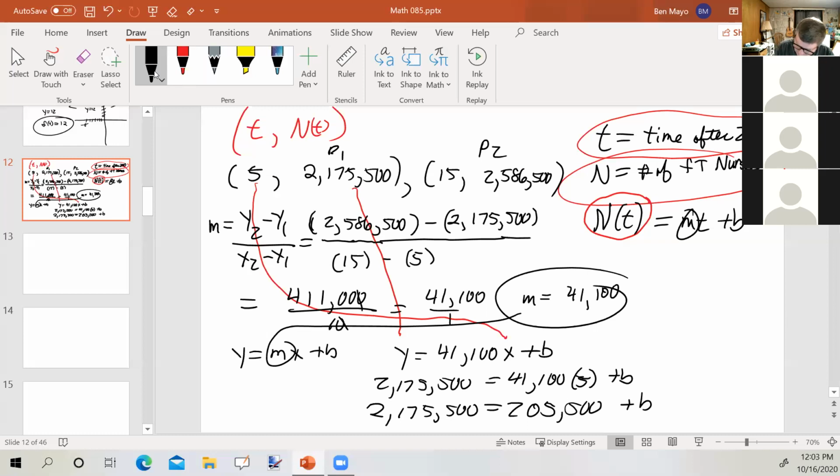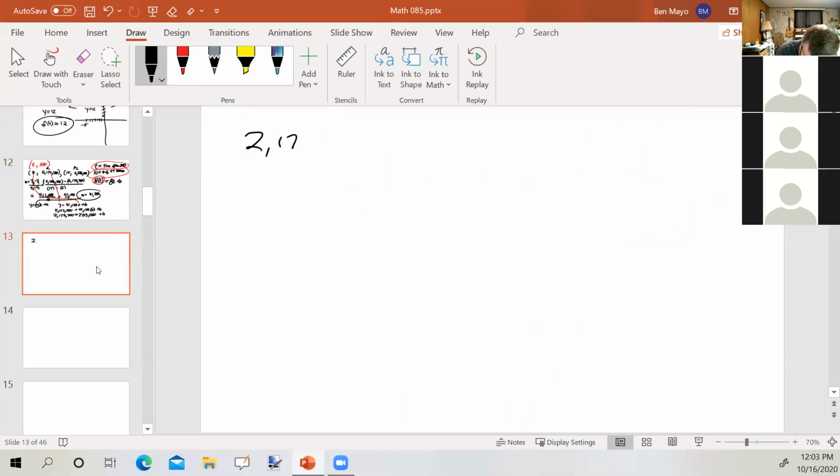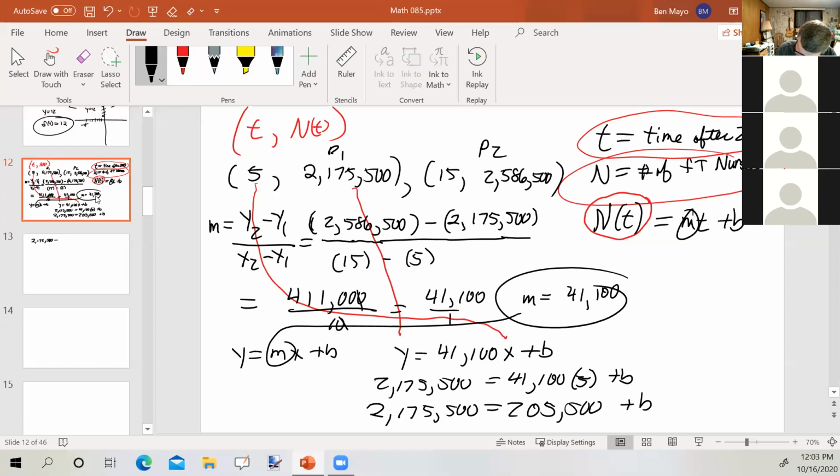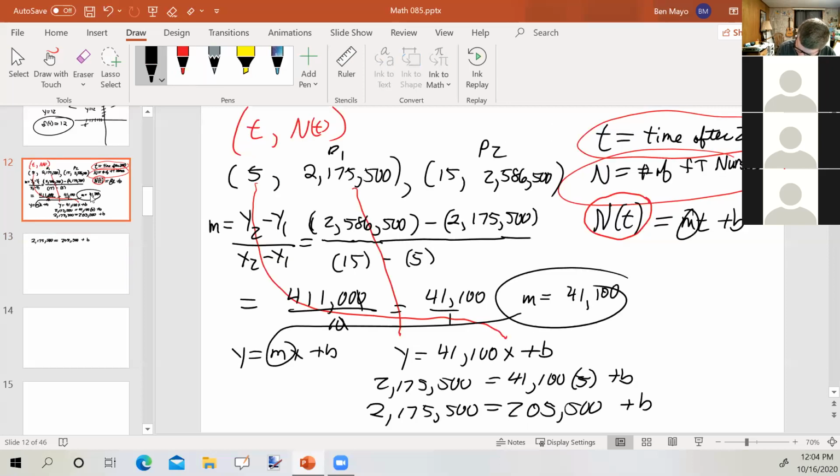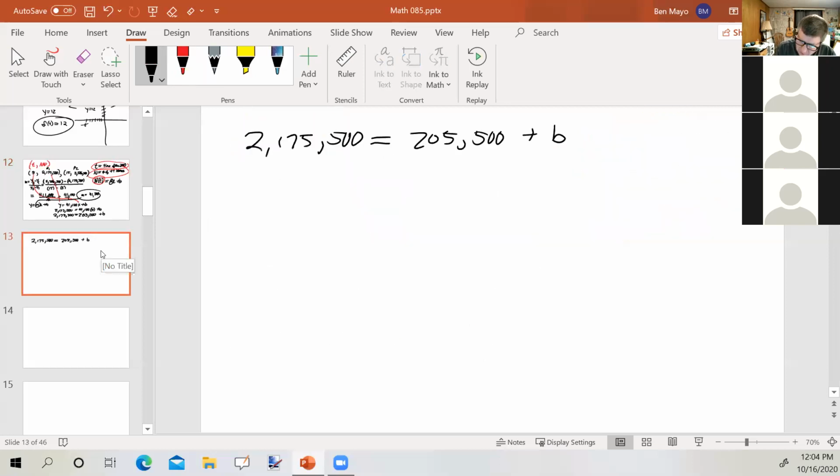Okay, I'm going to take that and copy it on the next page. 2,175,500 equals 205,500 plus b. Did I get that copied correctly? I think so. I will subtract 205,500.